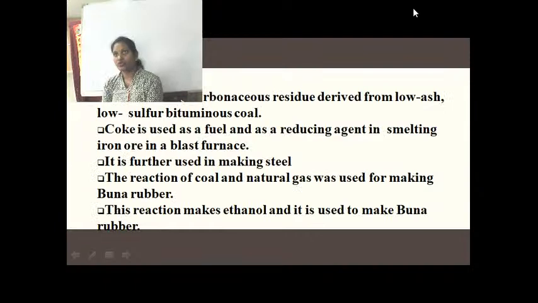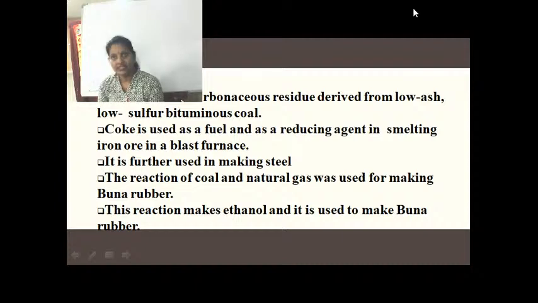Coke is a solid carbonaceous residue, because it is pure carbon again, derived from low-ash, low-sulfur coal. Coke is also used as a fuel and as a reducing agent in smelting, that is, when iron is extracted in the blast furnace.